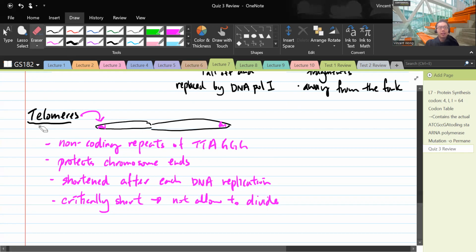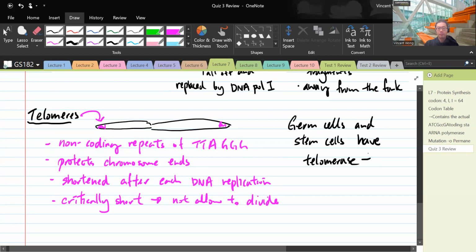What's the enzyme that re-lengthens the telomeres? Anybody remember? Yep, germ cells and stem cells have telomerase to reset telomere length.